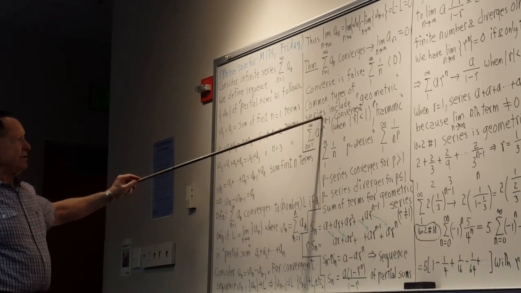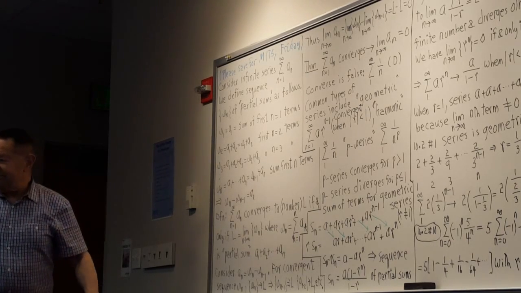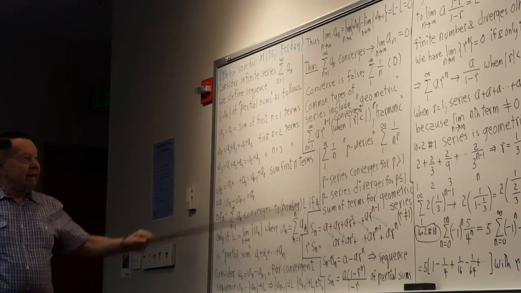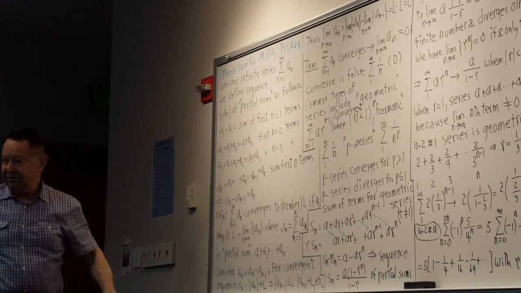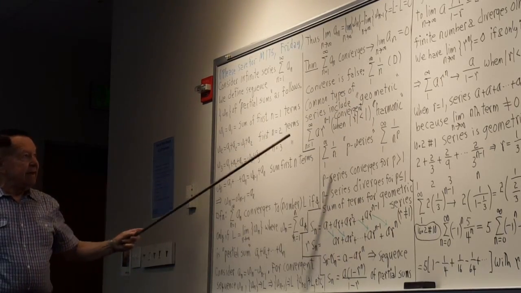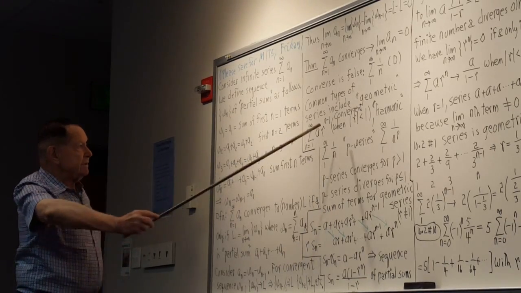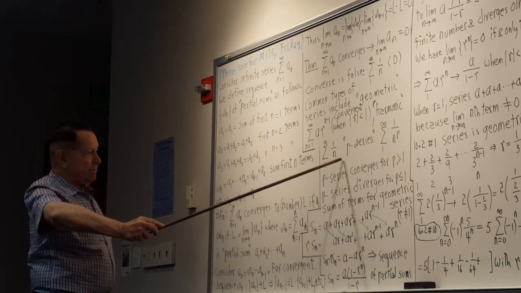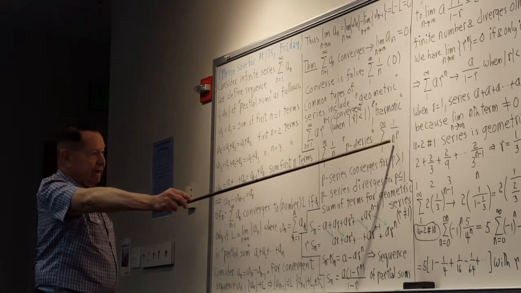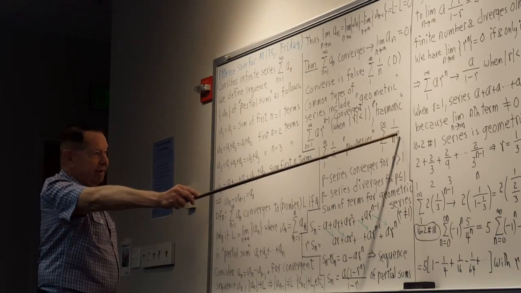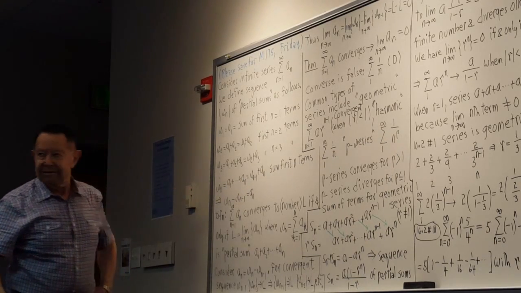So, common types of series. There are various series that we study enough that we give them a name. One is what we call the geometric series, which we're about to talk about. And there are the p-series, which look like 1 over n to the p. So n is the variable, and the exponent is some fixed power.